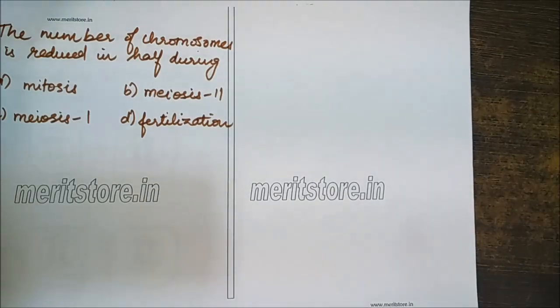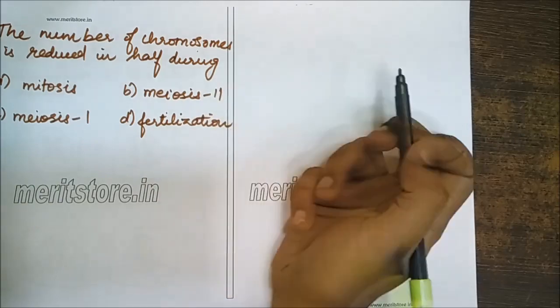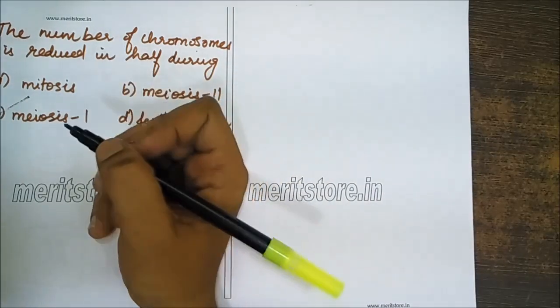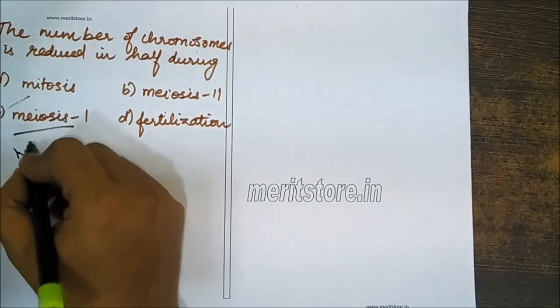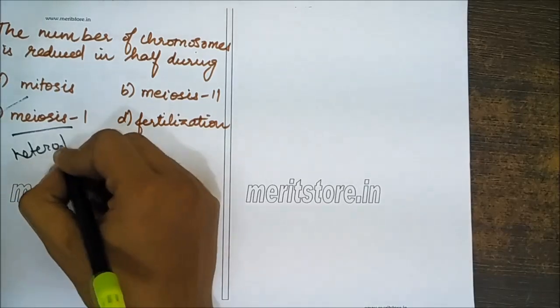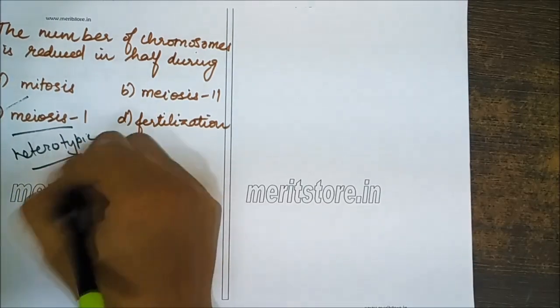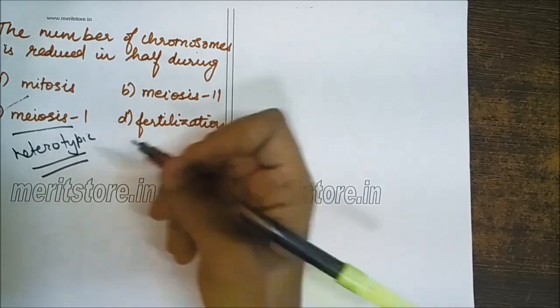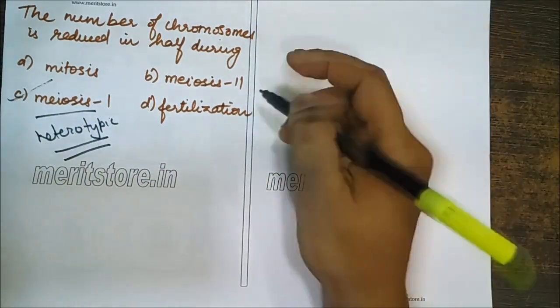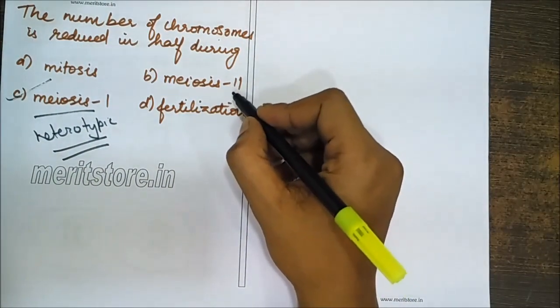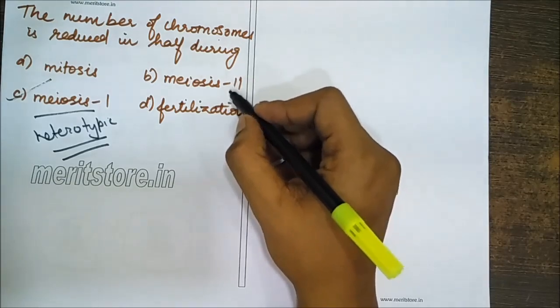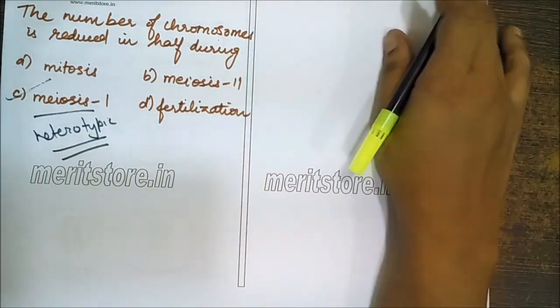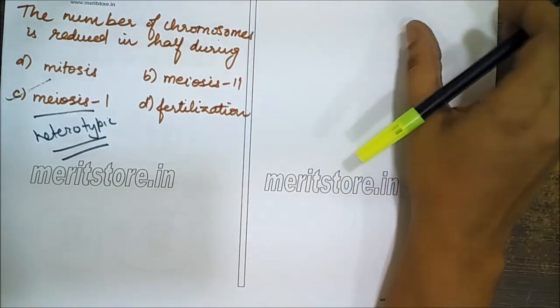The number of chromosomes is reduced in half during meiosis 1. See, meiosis 1 is therefore called heterotypic, right? Because from diploid the number changes to haploid. Meiosis 2 is homotypic. Okay, so remember, the half is reduced during meiosis 1.